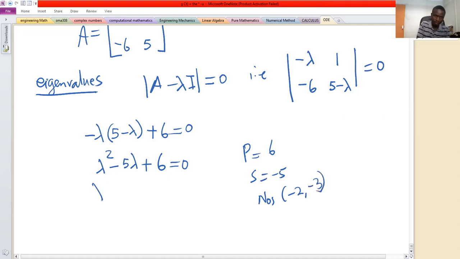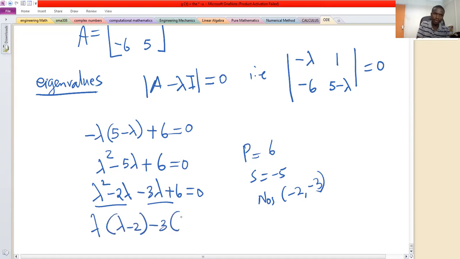So we'll have lambda squared minus 2 lambda minus 3 lambda plus 6 equals 0. And then you pair: lambda into lambda minus 2 minus 3 into lambda minus 2 equals 0.